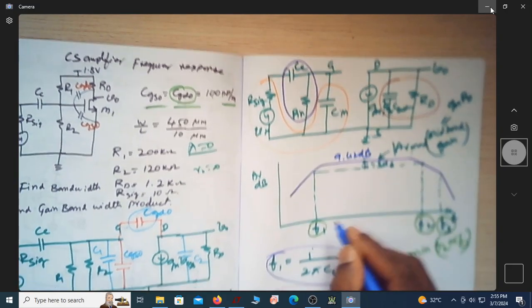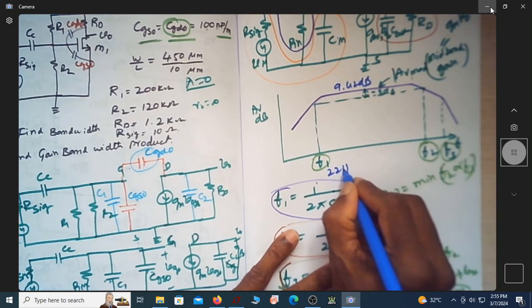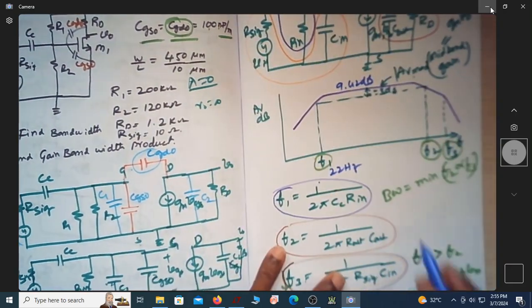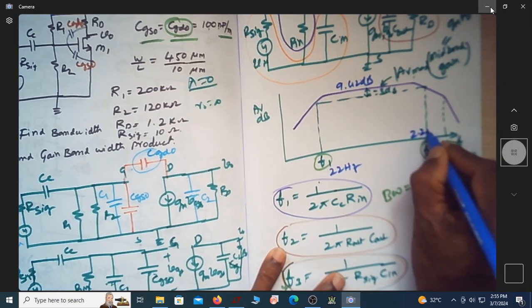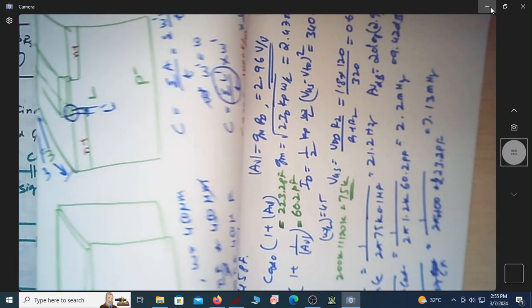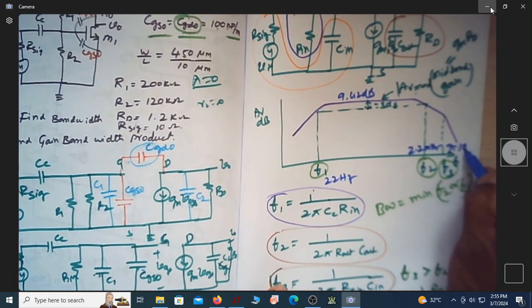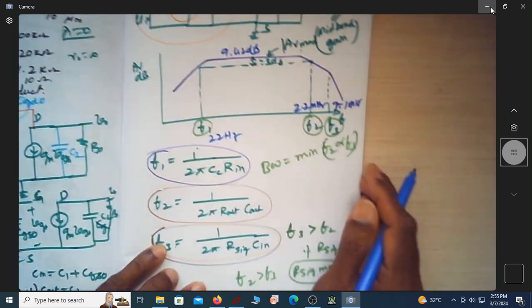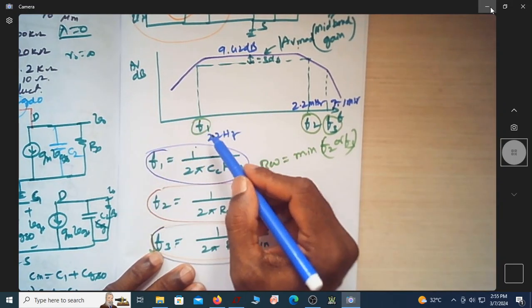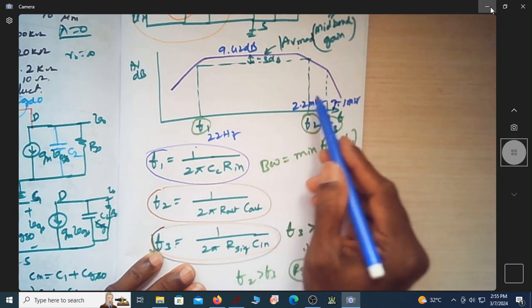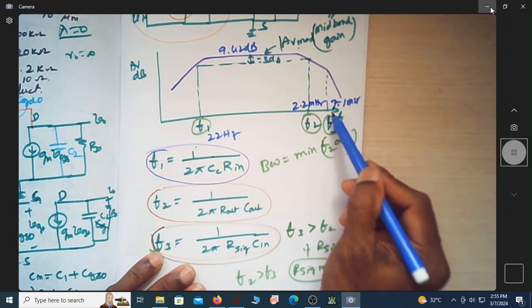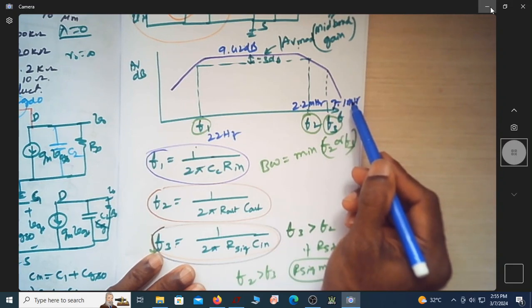This is 21 hertz, the first cutoff frequency. The second cutoff frequency is 2.2 megahertz, and the third cutoff frequency is 7.1 megahertz.